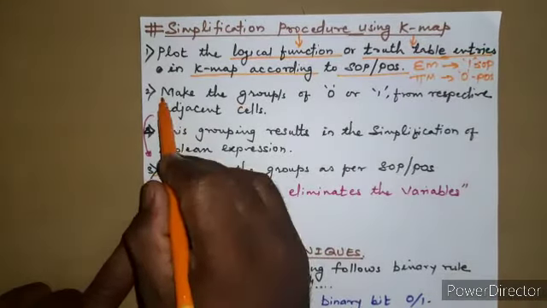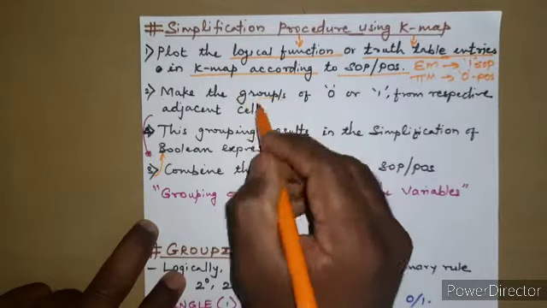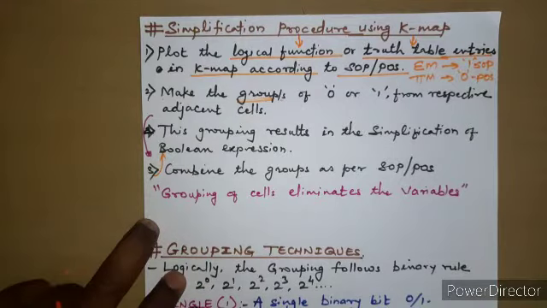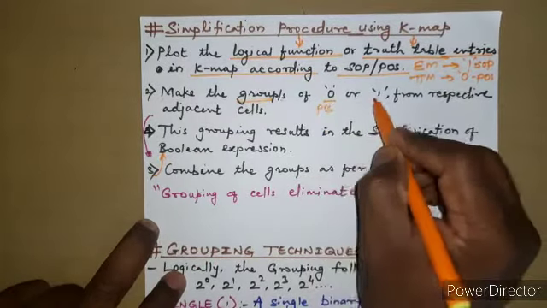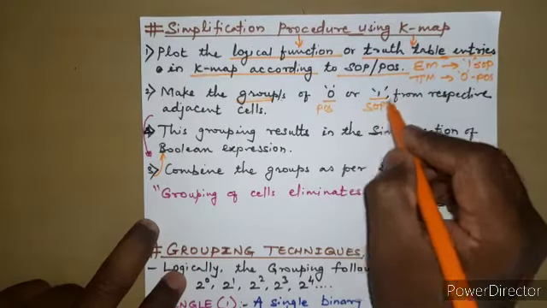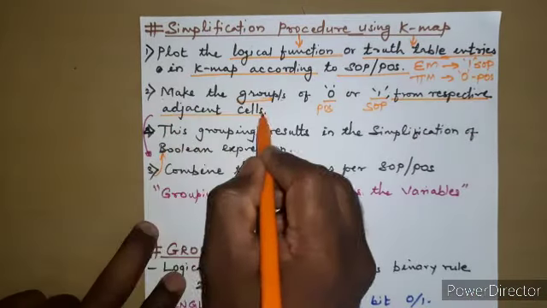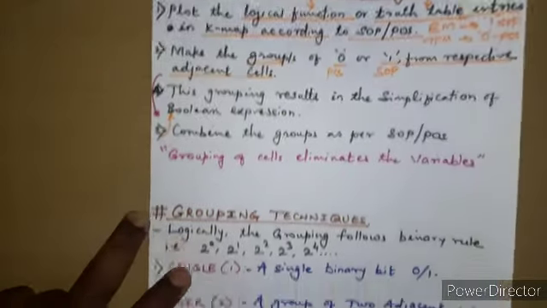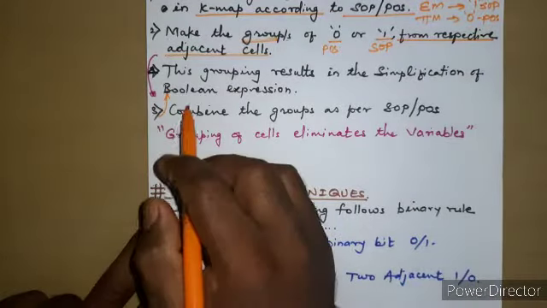Next, make the groups. You may have a single group for the given expression, or you may have a number of groups, of zeros depending on POS or ones depending on SOP, from respective adjacent cells. Here adjacency plays a very important role; we'll see that while we actually solve problems.